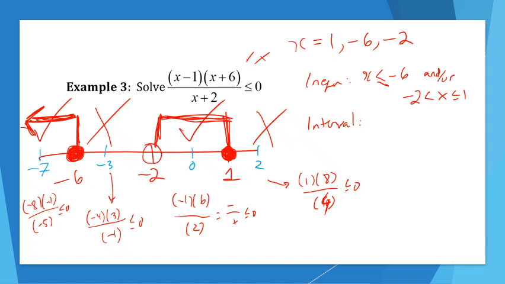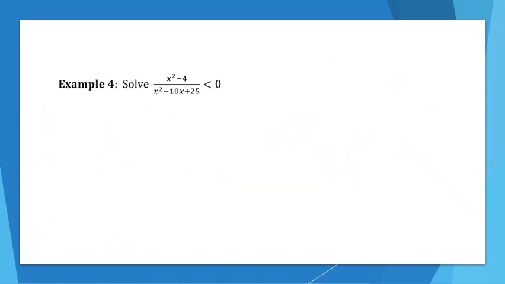In interval notation, this should be -infinity to -6, square bracket, union, curly bracket, -2, 1, square bracket, and that should be our answer for example number 3.